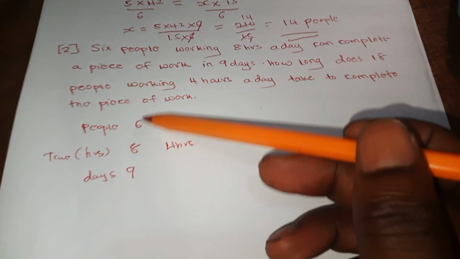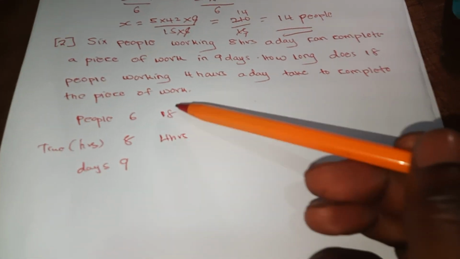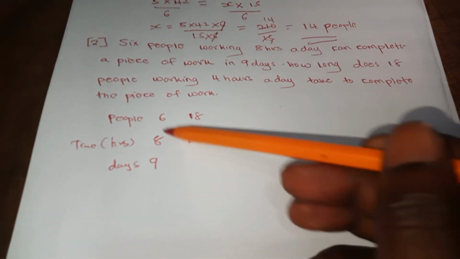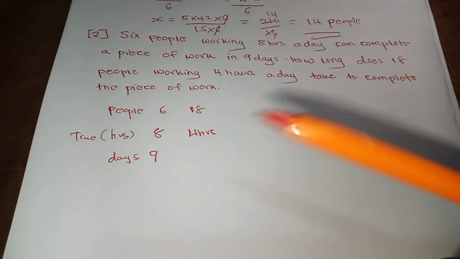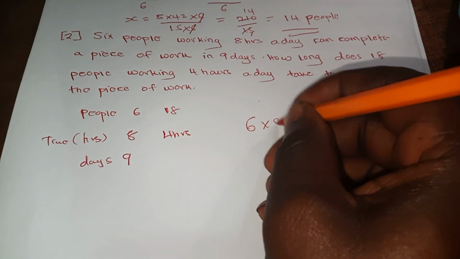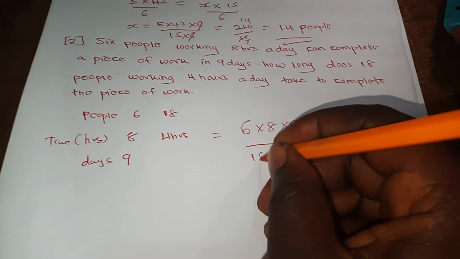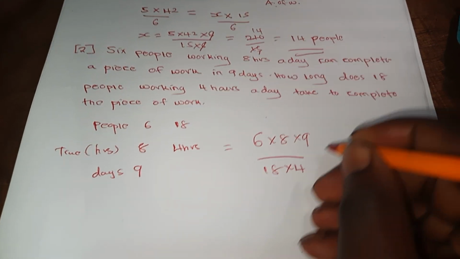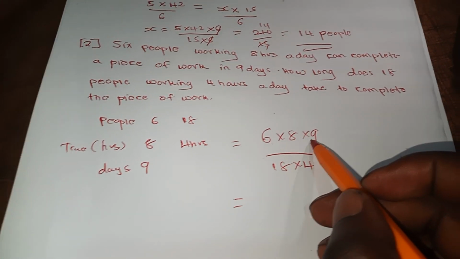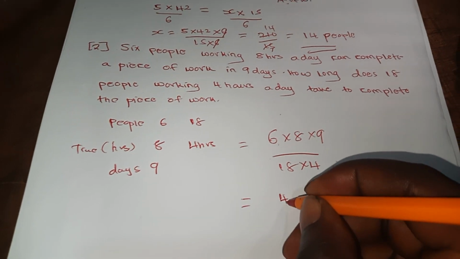And then you look at which column is complete and which one is incomplete. So the complete column becomes our numerator, and the incomplete one becomes the denominator. So you just basically take 6 times 8 times 9 all over 18 times 4. 6 times 8 times 9 gives me 432.